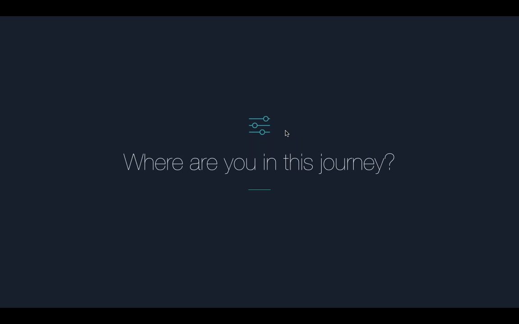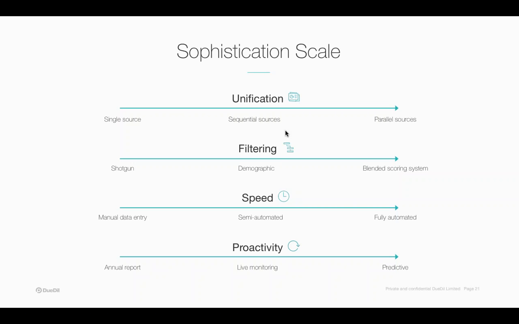So something that I do when I visit our customers or prospective customers is try and work out where they are in this journey of what we call data sophistication, and then we help companies to move up that chain of sophistication.